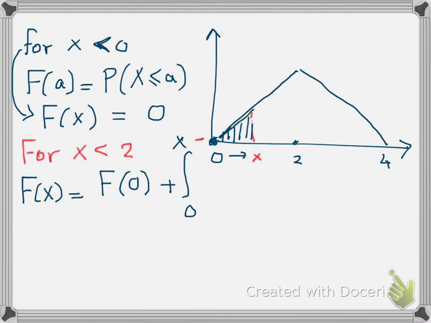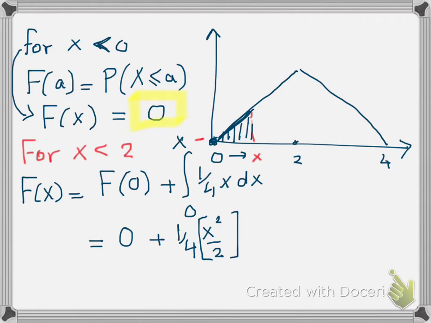The function here is defined as 1 over 4 x dx. So F capital of 0, we already found, is equal to 0. And we integrate from 0 to x, which will be 1 over 4 times x squared by 2, from 0 to x. The final answer will be x squared by 8.